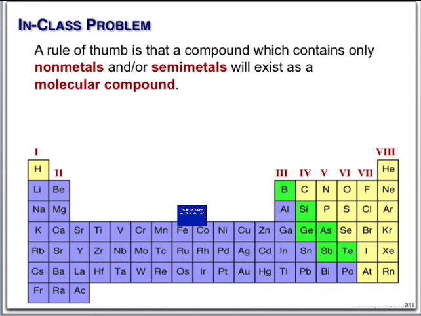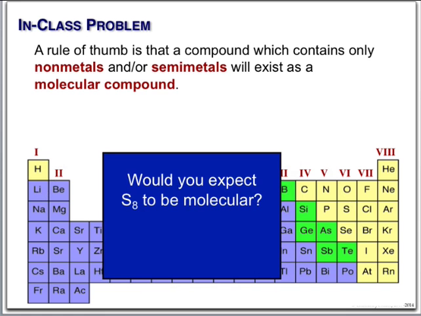And finally, let's look at S8. Sulfur exists in many forms, but just plain old sulfur out of the ground actually exists as a ring of 8 sulfur atoms. Is this going to be a covalent compound, or is it going to be an ionic compound? Well, we find sulfur right here.